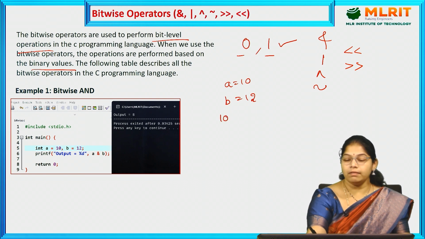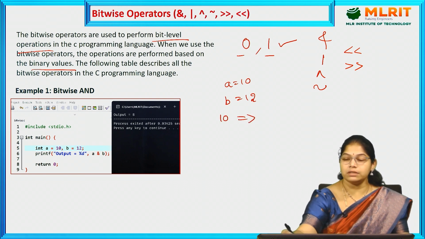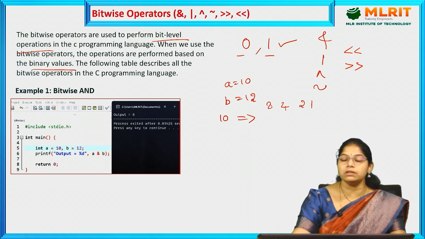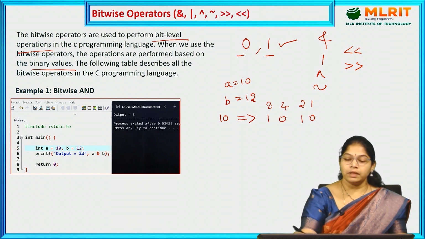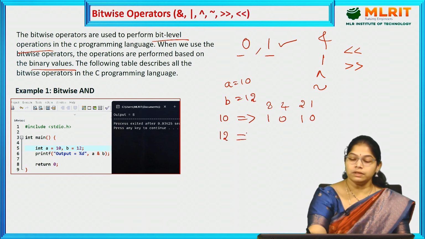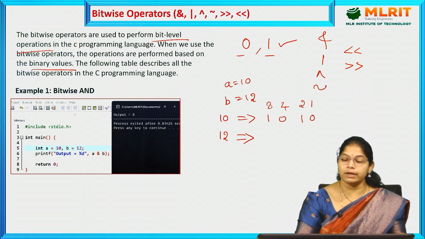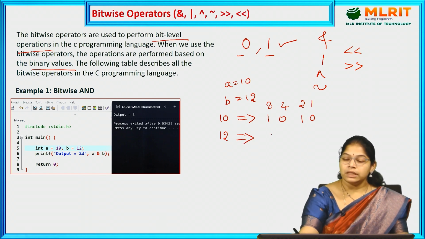Here I am considering 4-bit representation, where the binary value of 10 is 1010. Then 12 converted into binary is 1100.